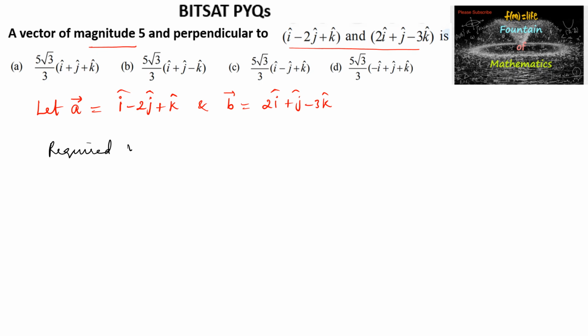So we can write the required vector can be 5 times A cross B vector upon mod of A cross B, because A cross B is a vector which is perpendicular to both A and B. So vector A, vector B, then A cross B is a vector which is perpendicular to both.